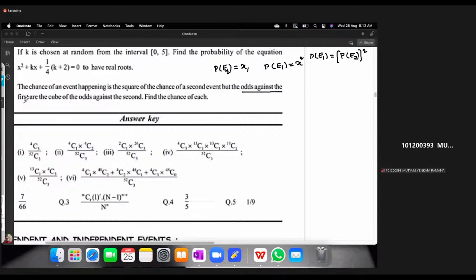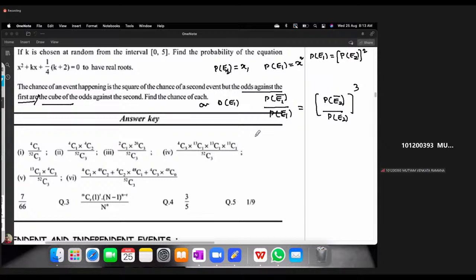Odds against E1 is probability of E1 bar by probability of E1, equal to the cube of probability of E2 bar by probability of E2.